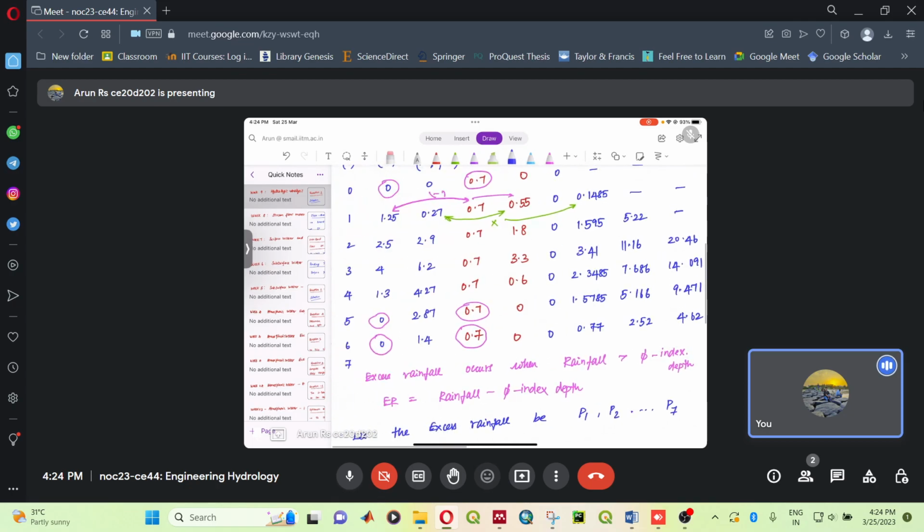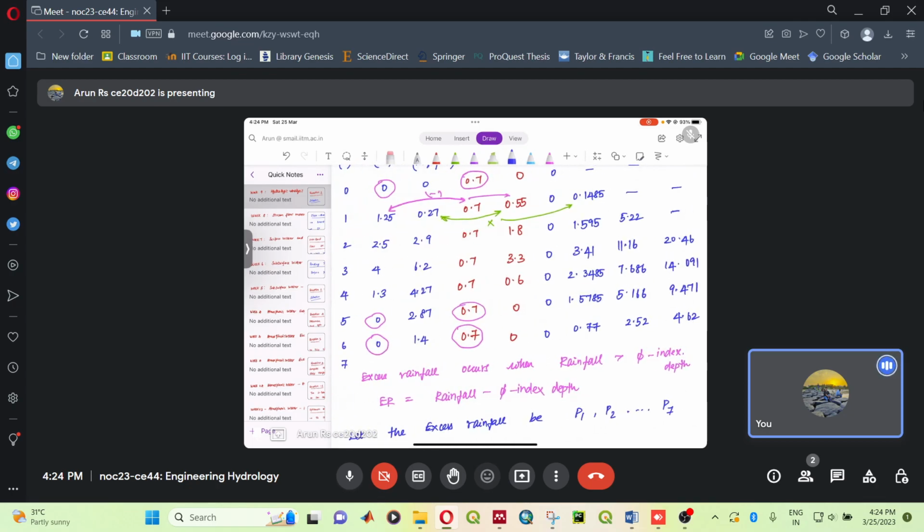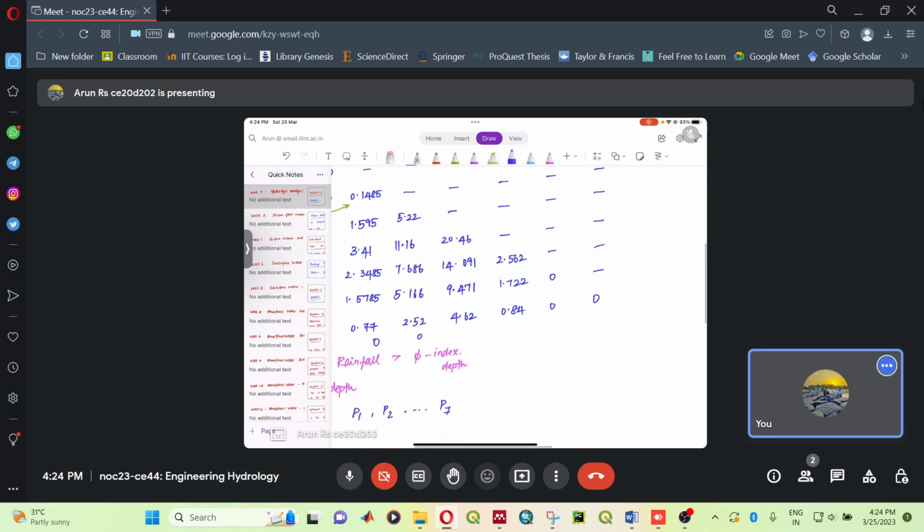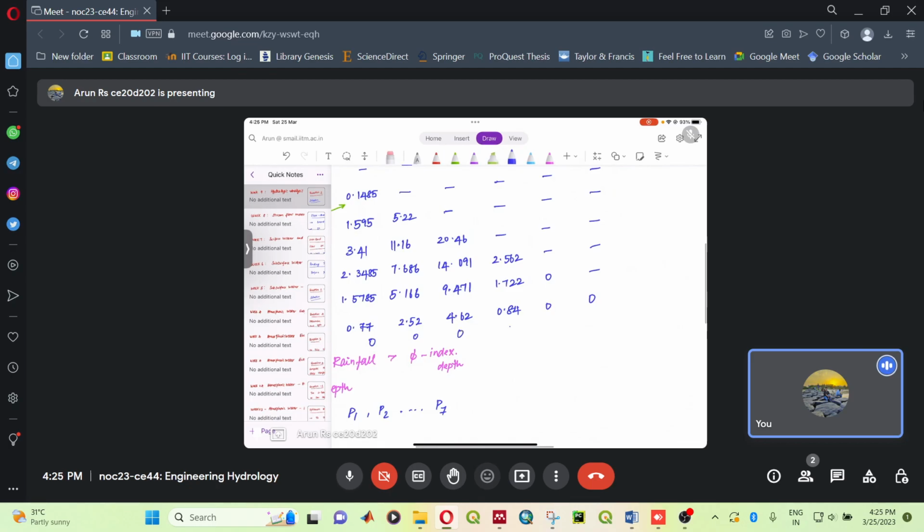So we can add one more row here, the 7th hour, which has 0 rainfall, and the unit hydrograph ordinate is 0. The rest all will be 0, just to make it come to the x-axis, nothing else.